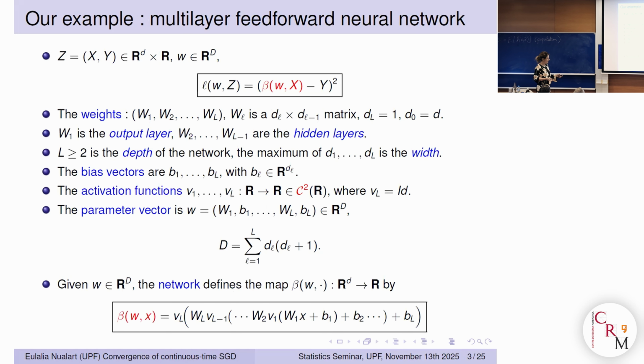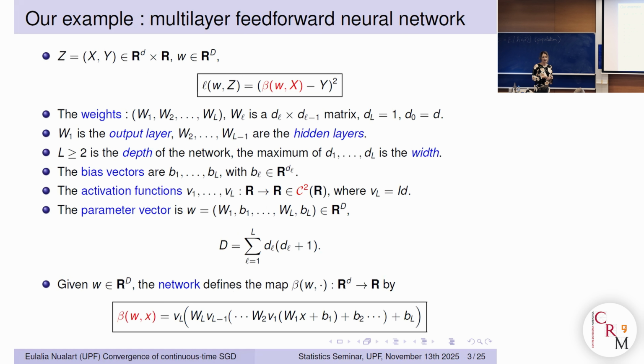The classical way to solve this problem is to use stochastic gradient descent. Before that, let me tell you the example we have in mind. The idea is to solve the problem in general, but the example that we are going to treat later is the multi-layer feed-forward neural network that has appeared in several talks this week. Maybe the notation is not exactly the same.